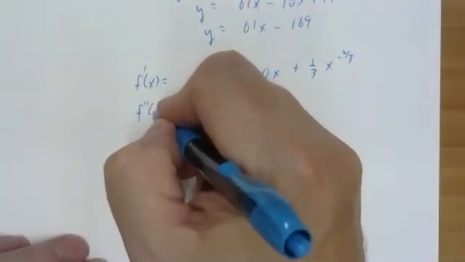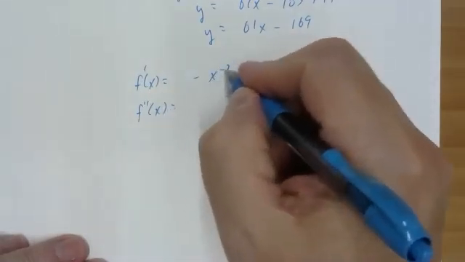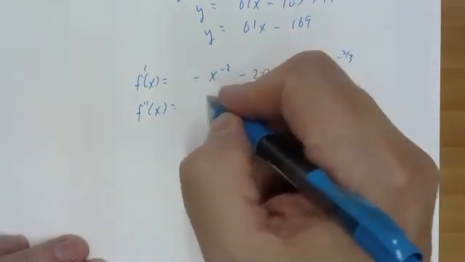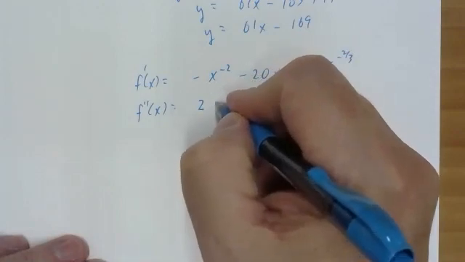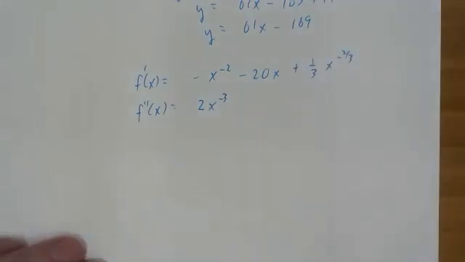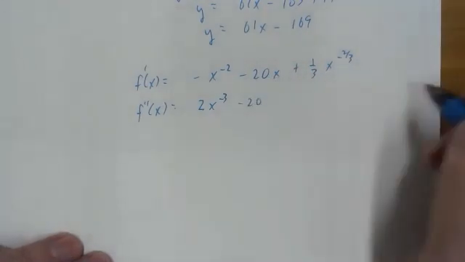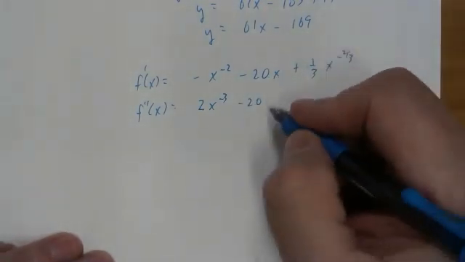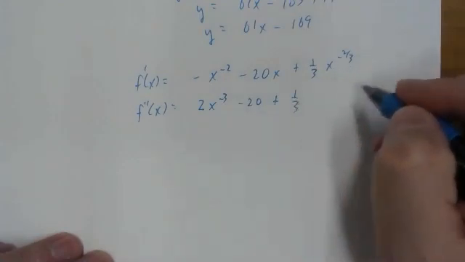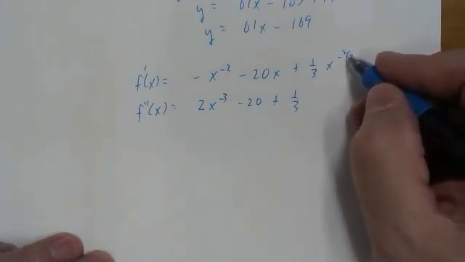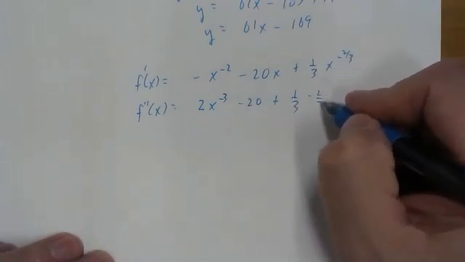So now the second derivative of this: the negative 2 comes down front. Derivative of negative 20x is just negative 20. Derivative of this, the negative 2/3 comes down front.